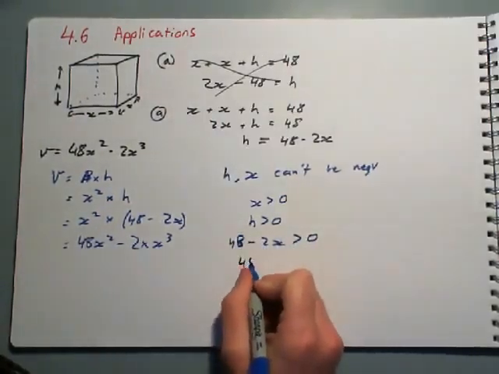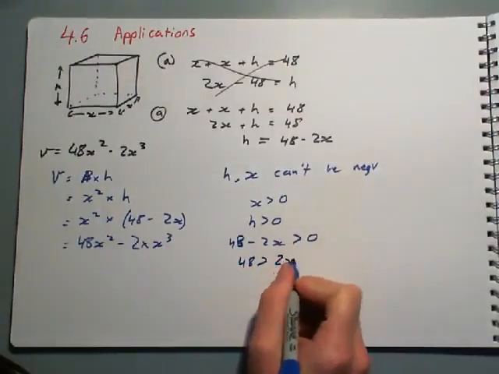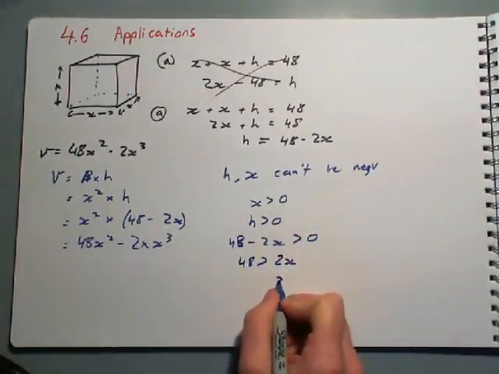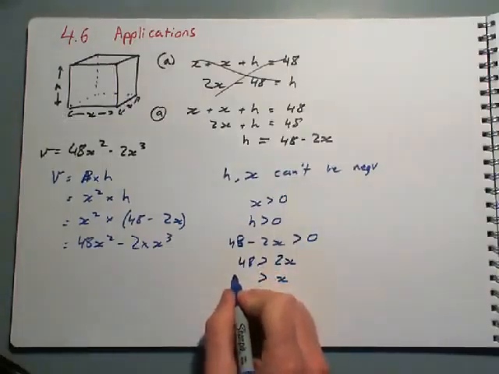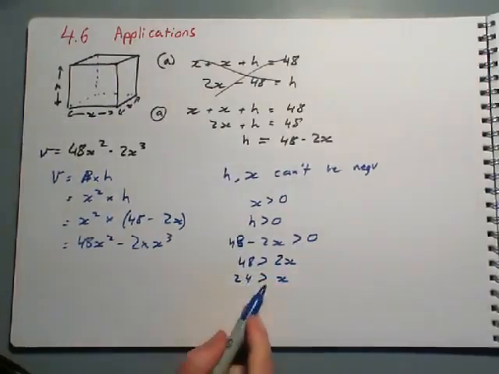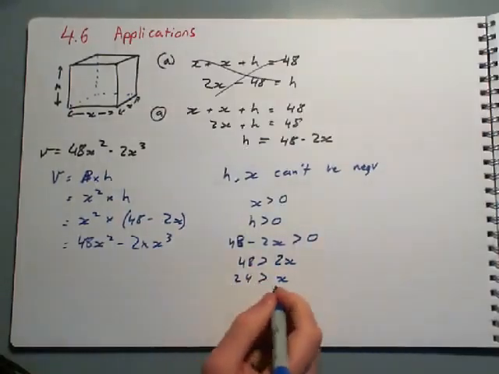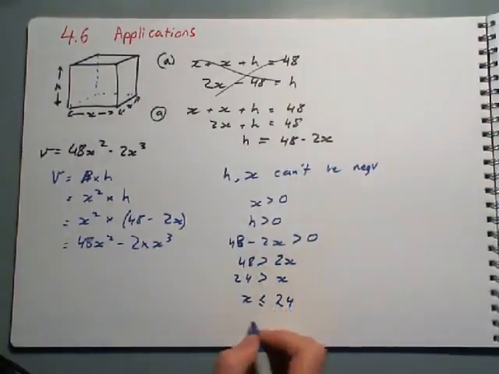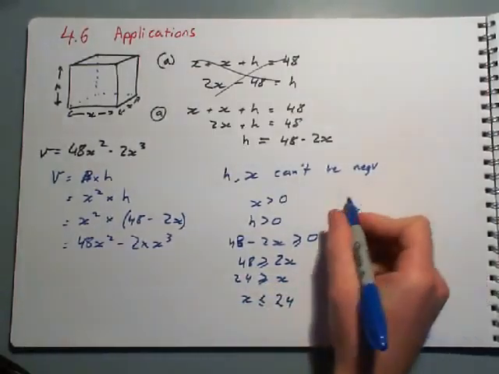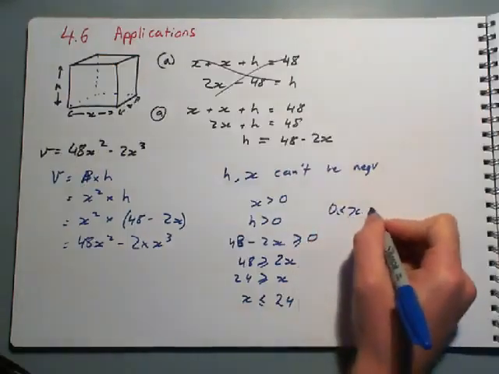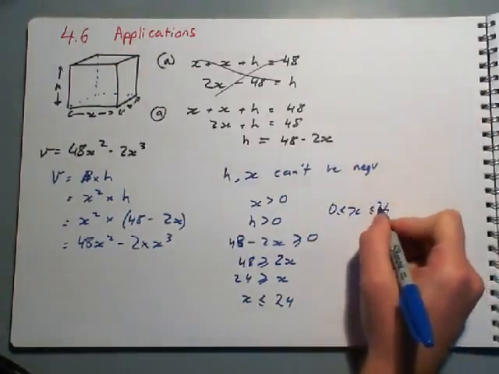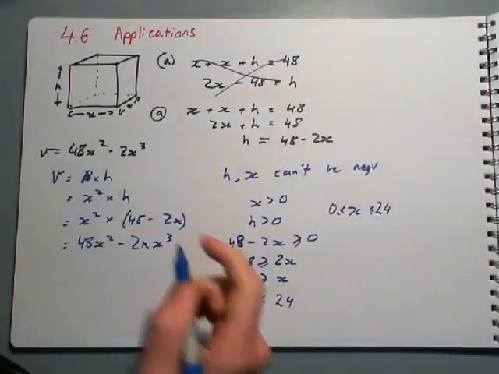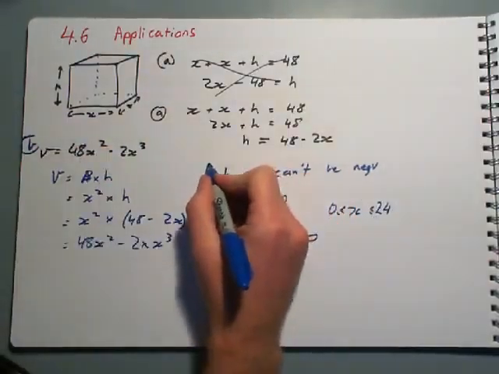Now we can say 48 is greater than 2x, so x has to be less than 24. So our restriction is that x is between 0 and 24. So that was part B, that was part C.